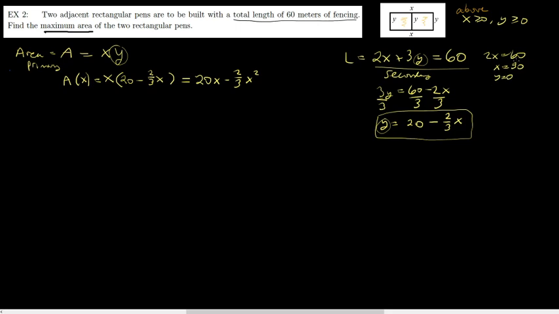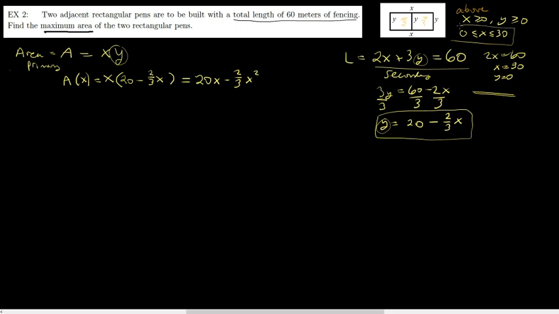So if y is going to be bigger than 0, then x actually has to be less than 30. Or I'll say less than or equal to 30, right? So yes, if you shrink y down to 0, you're increasing x up, so that it's 30. And because you have two lengths, you're going to get 30 plus 30 is 60. But then you're not going to have any widths, which means you don't have a rectangle. You just have these two horizontal pieces here, but you have no width. So you don't have a rectangle, right?